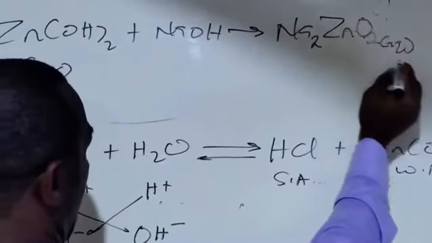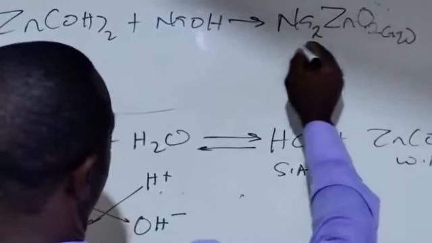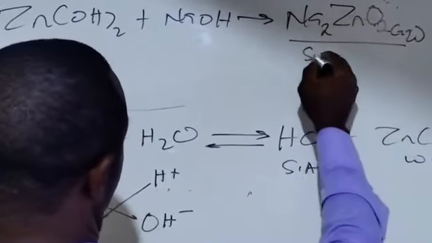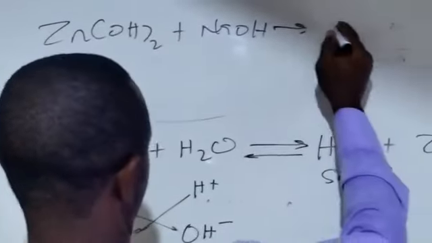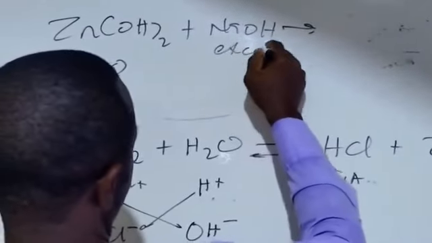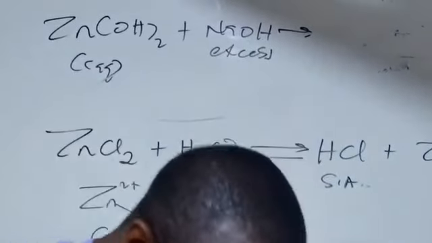So either the tetrahydroxozincate complex salt or the dihydroxo complex salt. So you have this salt produced, which is soluble. But in drops, it remains insoluble. This is in excess. In excess, let me make it clearer for you.